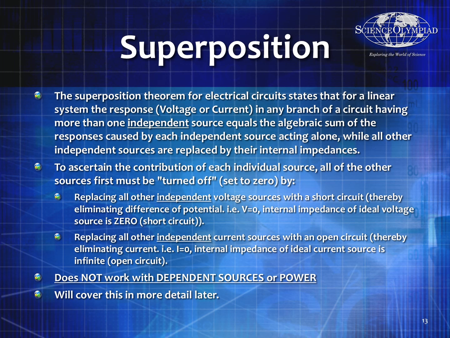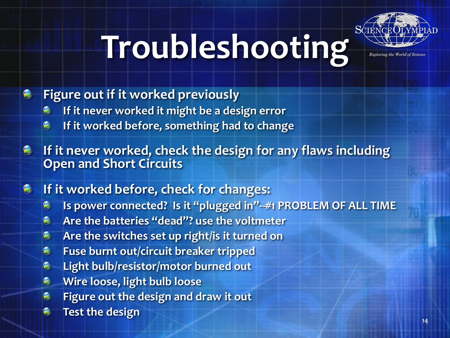So what you do is you solve for the voltages and the currents using the superposition theory, and then once you have the sum totaled voltage and the sum totaled current, then you can derive the total power.